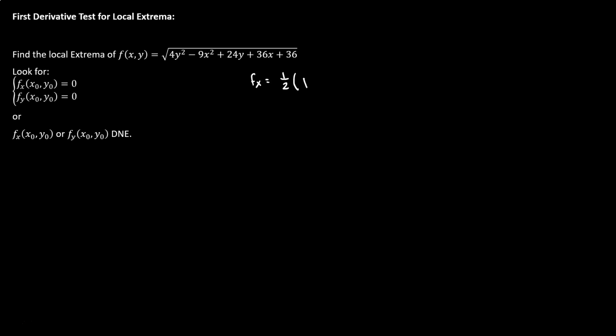Keep everything in the inside. Reduce the old power by 1, so that gives us a negative 1/2 as our exponent. Then multiply by the derivative of the inside with respect to x. So the y terms zero out.